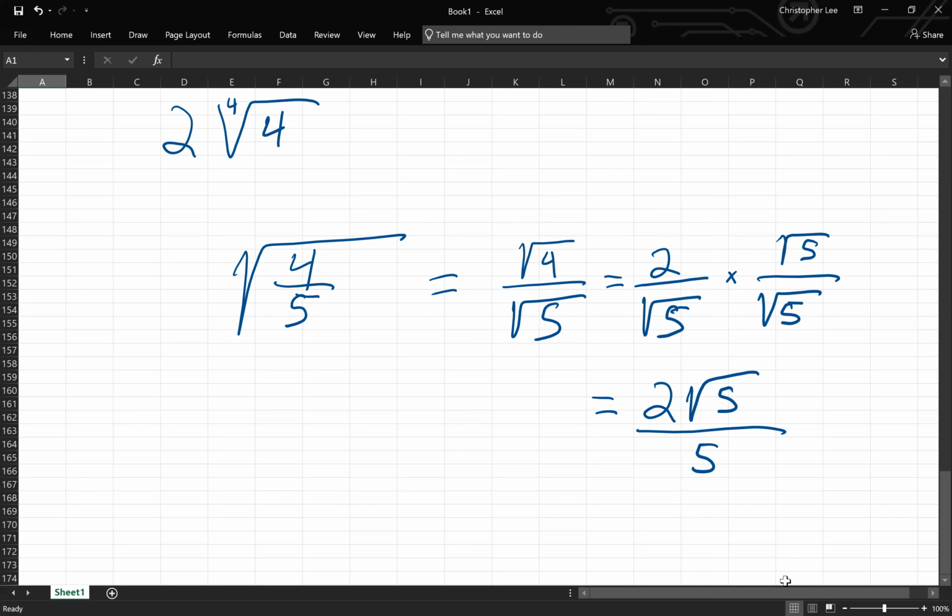Say 2 square root 5. Let's try that. Right, 20. Really?